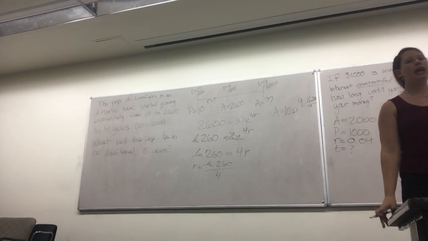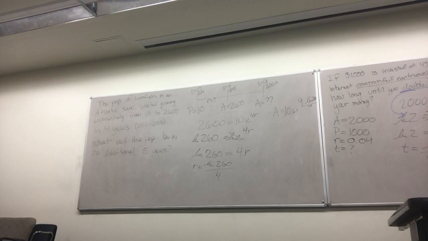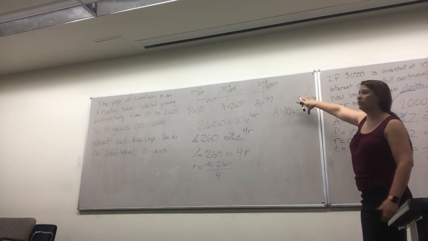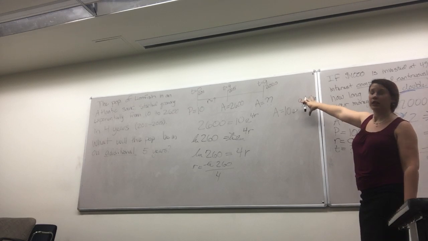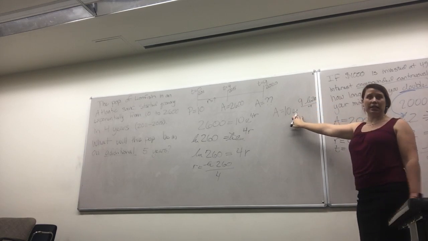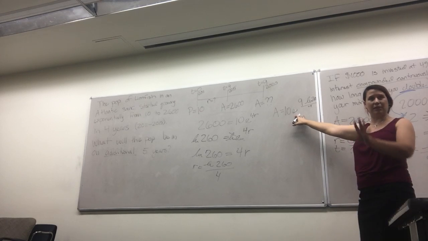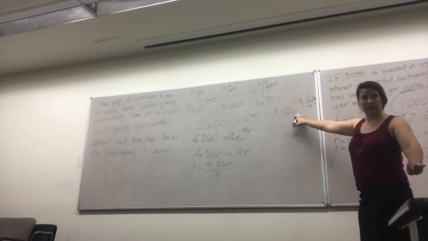All right, how do you put that in the calculator? 260, take the ln, multiply by 9, divide by 4, right? You see how we're working our way out the exponent? And then put it in the exponent of e. There should be a specific button for the exponential e and not just e.